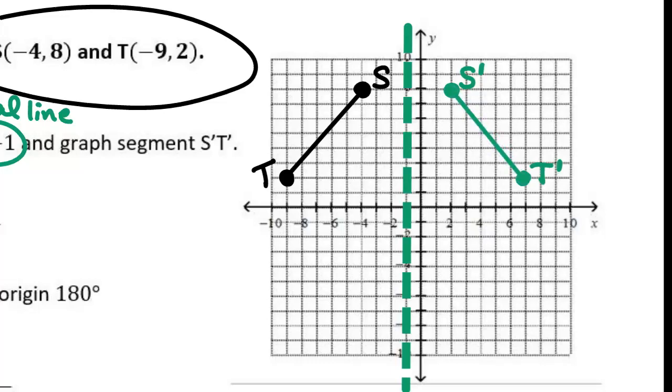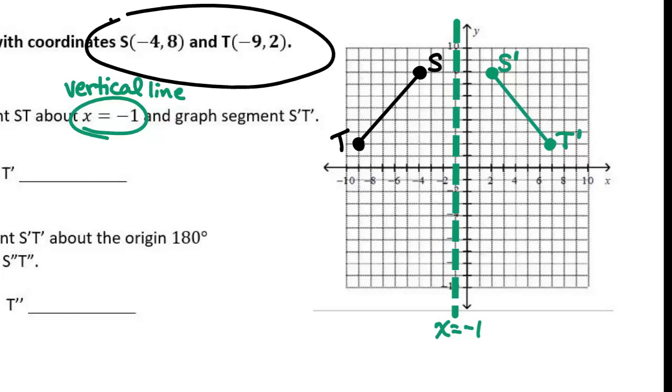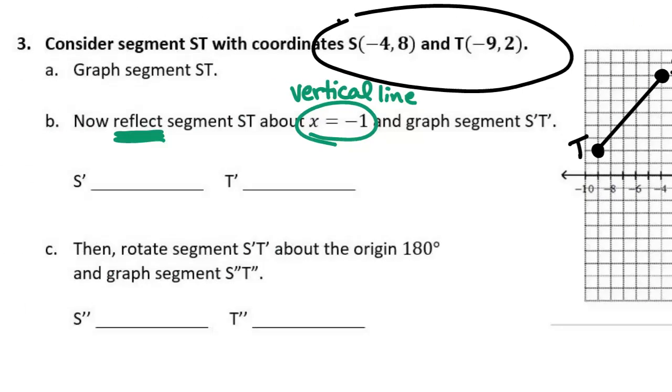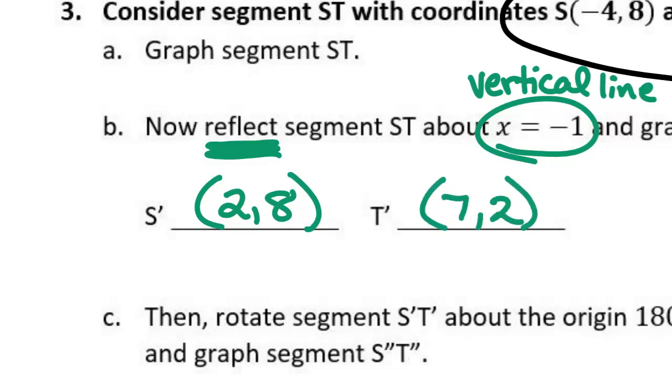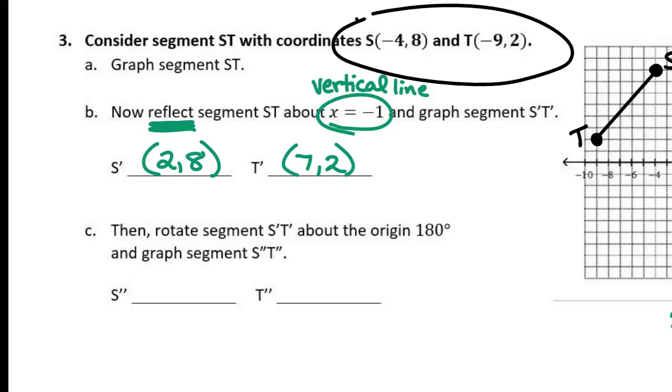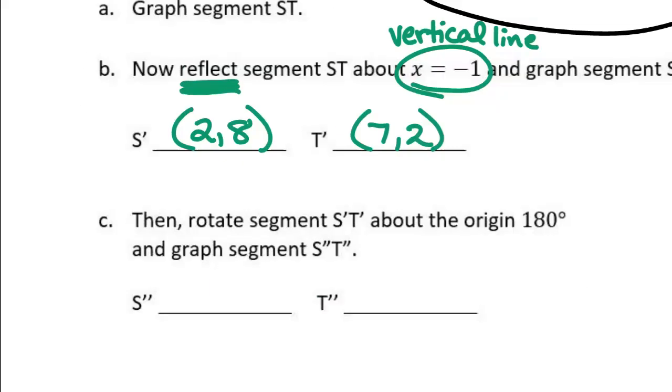What's the ordered pair for S prime? 2, 8. And what's the ordered pair for T prime? 7, 2. Right, then what are we doing with it now? Rotating it.